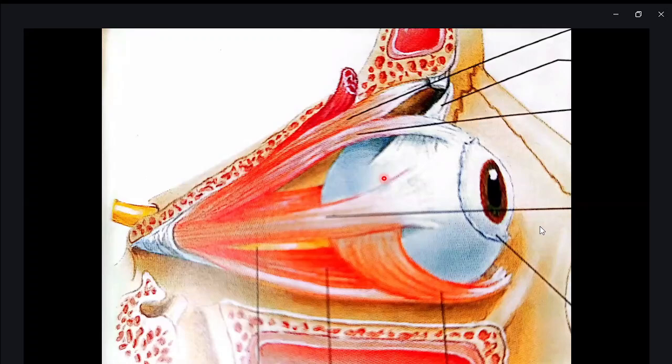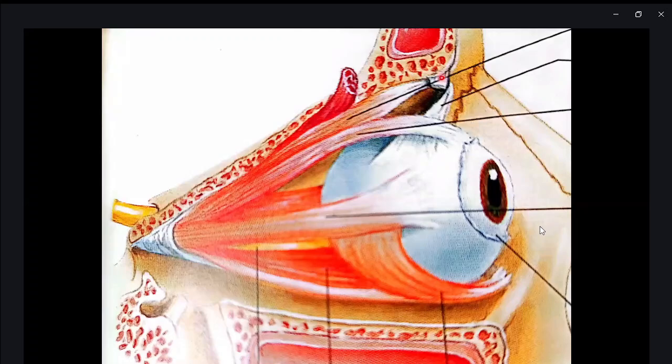This part is depressed when the superior oblique contracts. At the same time, when you look at it from the frontal axis, because this is lateral and this more medial, it rotates the eyeball inwards. That is inward rotation.